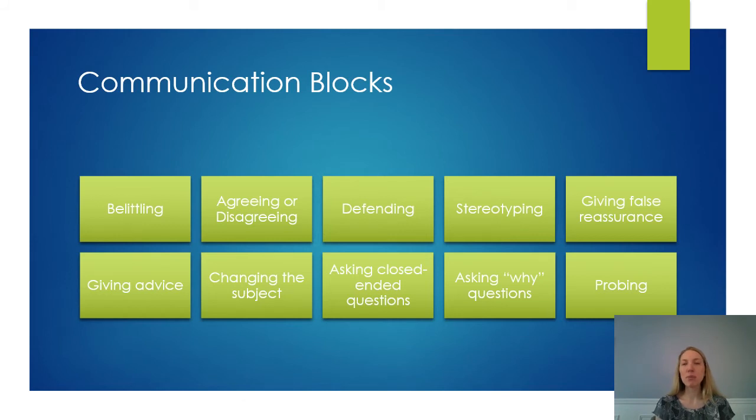There are a number of communication blocks that will limit your ability to effectively develop a dialogue with your patients. Certainly you always want to be respectful, so any communication that's in any way belittling, stereotyping, disagreeing with the patient, or defensive in any way would not promote effective therapeutic communication.